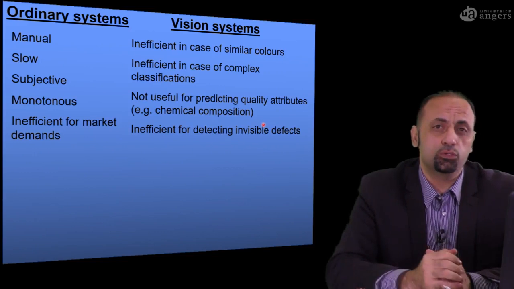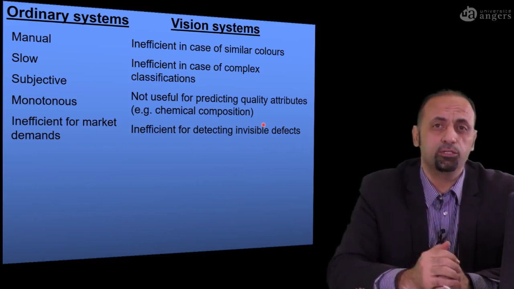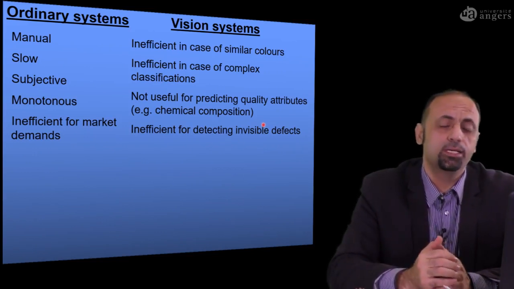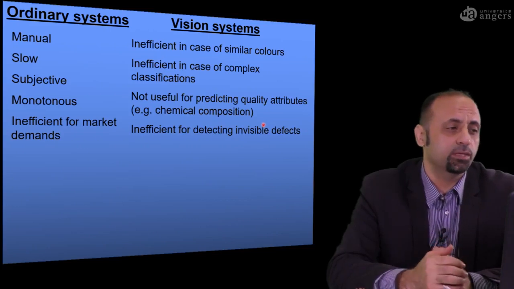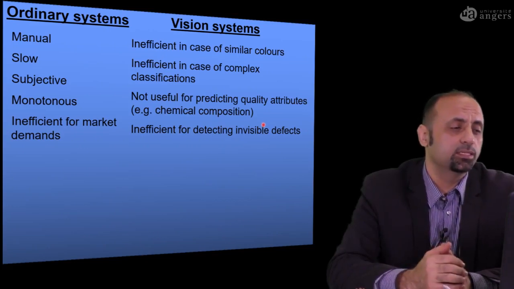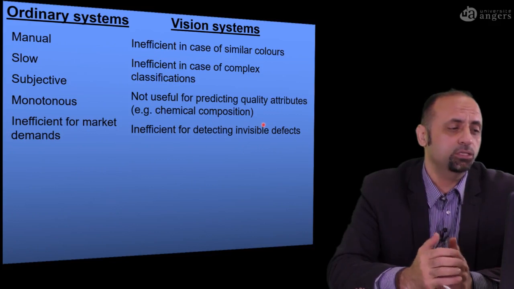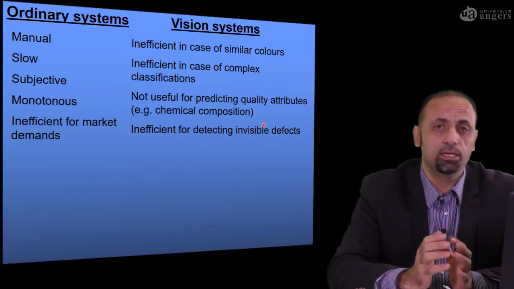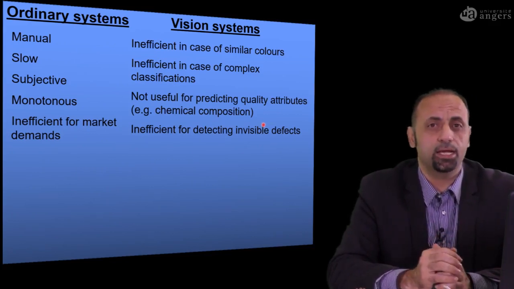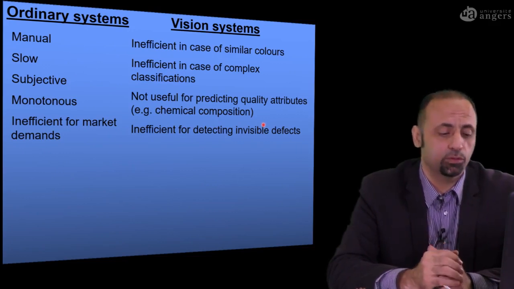Even if you need to predict some internal attributes like chemical composition, this vision or normal imaging system is not sufficient to do that. And in general, if you need to see something not visible to your naked eyes, the normal camera is unable to give you this kind of information.